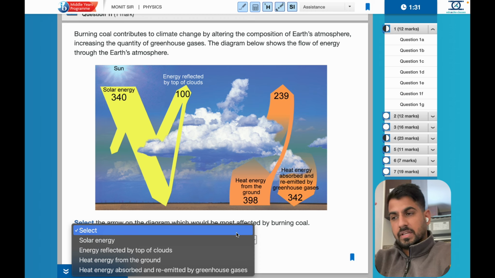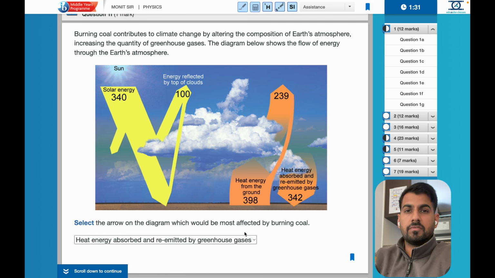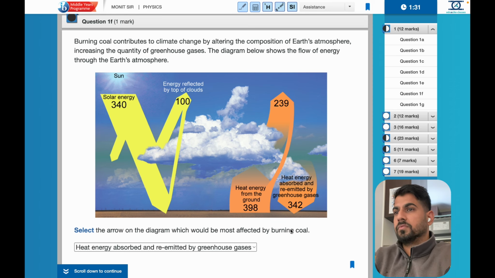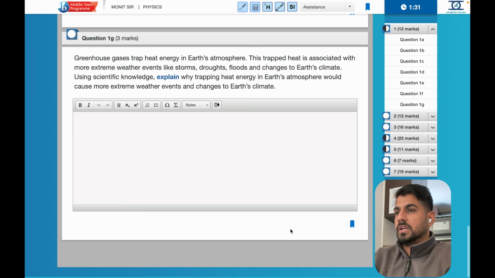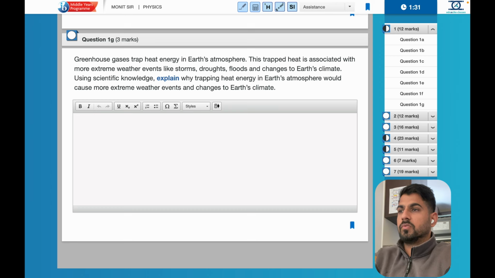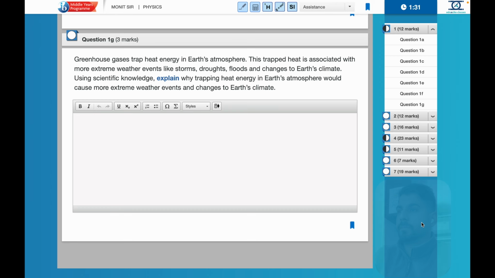We can say that the heat energy absorbed and re-emitted by the greenhouse gases will be the one which will be most affected by the burning of coal because it produces greenhouse gases. Okay, so that's the answer for 1F. So this is how we solve this question. And the last one from question number one, just pause the video and solve.